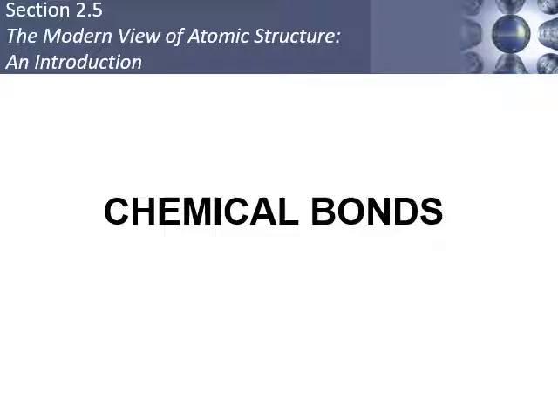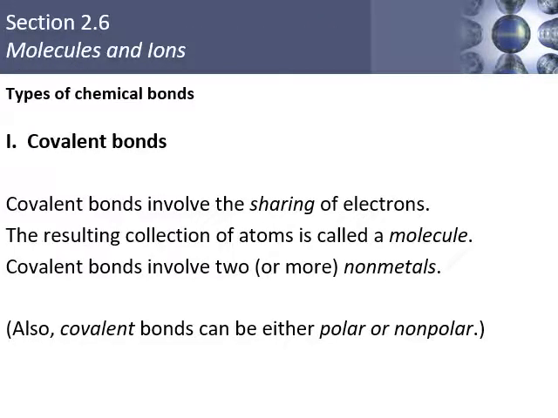Next slide. Chemical bonds. Next slide. All right, so there are actually several different kinds of bonds, but we're going to worry mainly about two kinds in this class, of which one can be broken up again into two parts. But for right now, let's worry about covalent bonds and then ionic bonds.